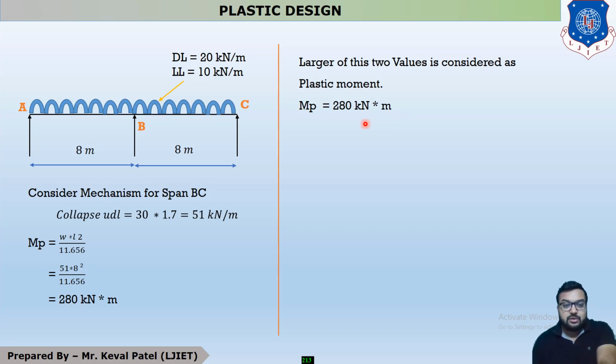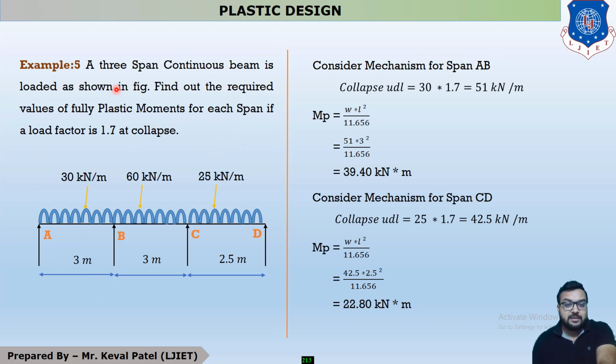Okay, so our example number 5 is a 3 span continuous beam subjected to load as shown in figure. Find out the required value of fully plastic moments for each span if the load factor is 1.7 at collapse.